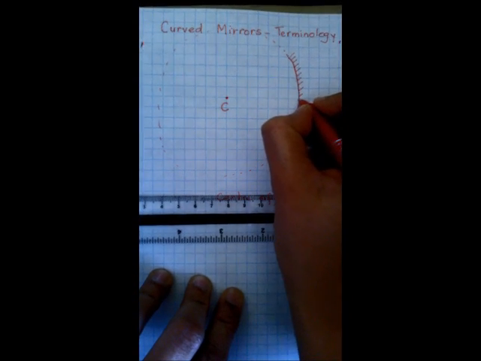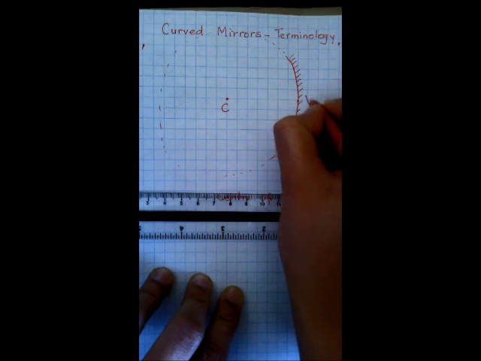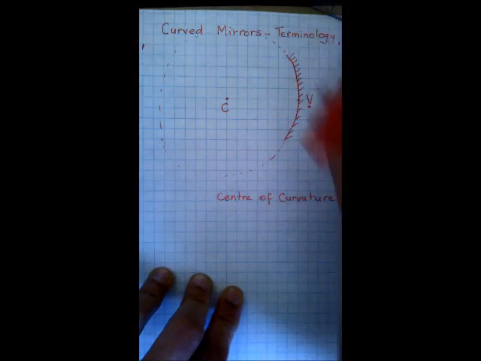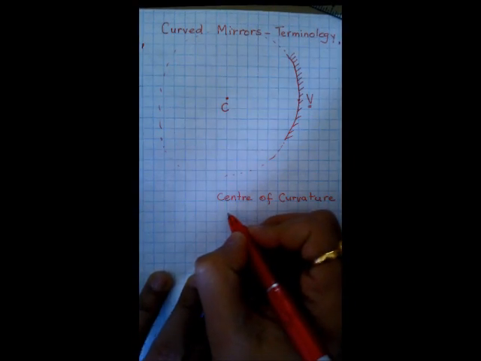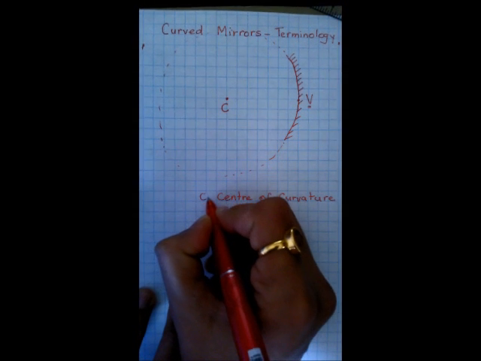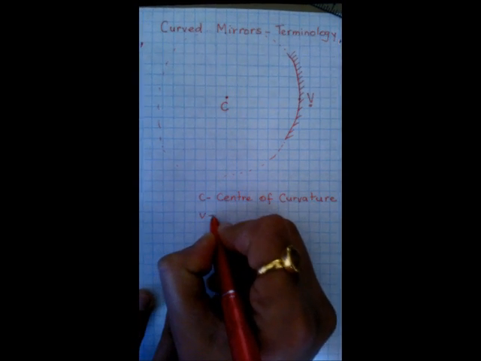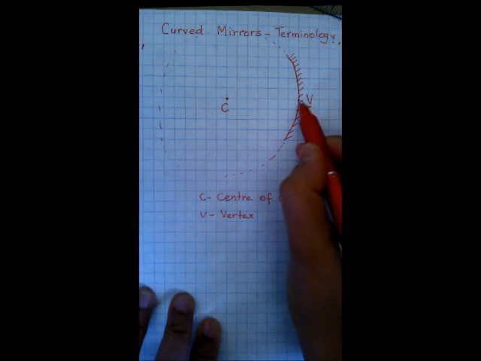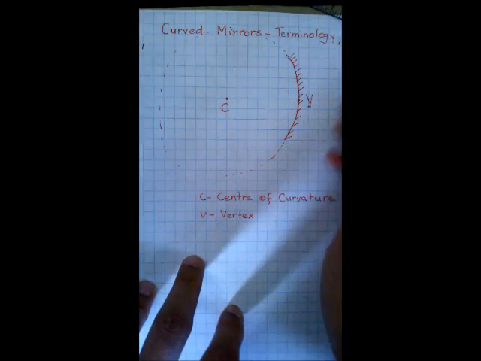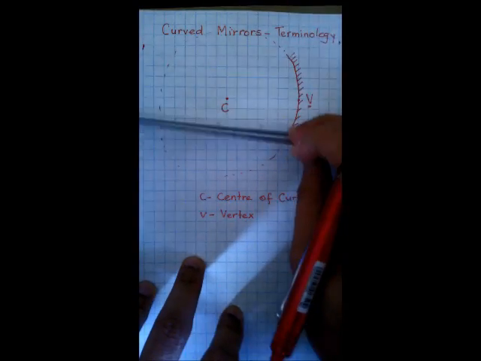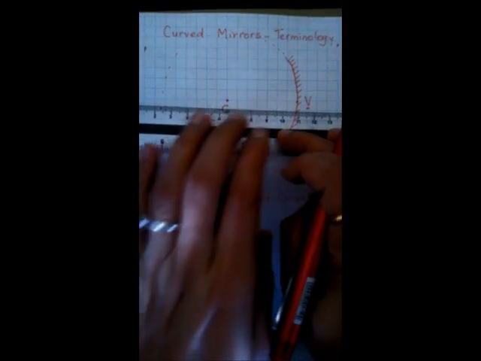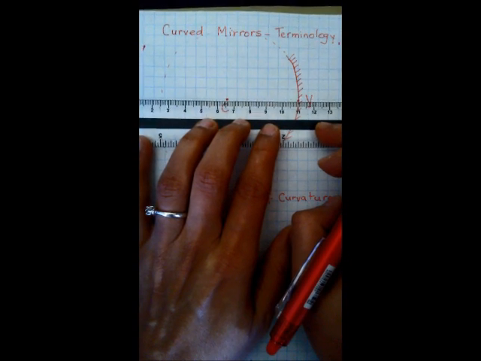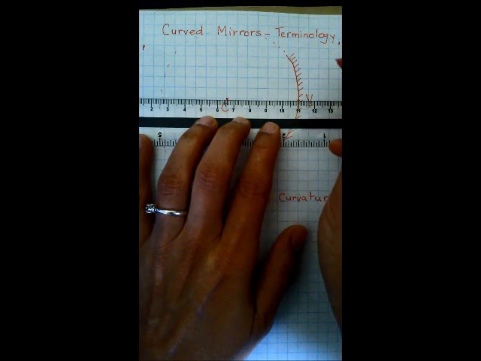The geometric center of the curved mirror is known as the vertex, represented by the letter V. So C is the center of curvature, V is the vertex of the mirror, which is the geometric center of our mirror.